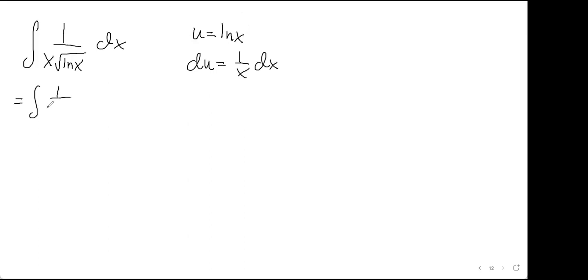And especially if we separate this into the square root of the natural log, and then the x we can write as a separate fraction multiplied, 1 over x dx. So now substitute everything in. We're integrating the square root of u du.